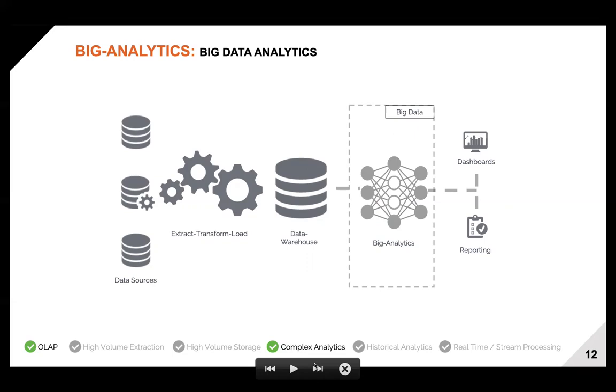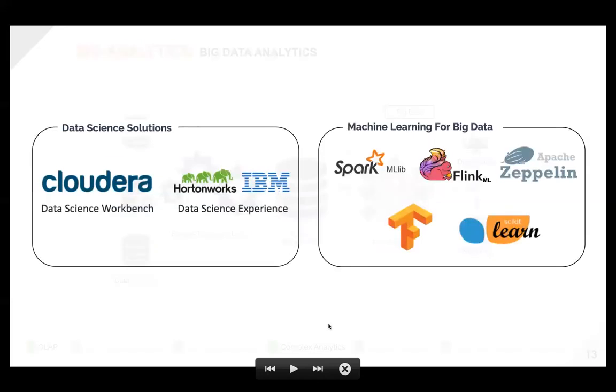And thanks to this integration, it will be possible to do complex analytics in the BI chain. As I said, there are a lot of technologies that can be used in this context, like Spark MLlib or Flink ML, or also other stacks like Cloudera Data Science Workbench or IBM Data Science Experience.